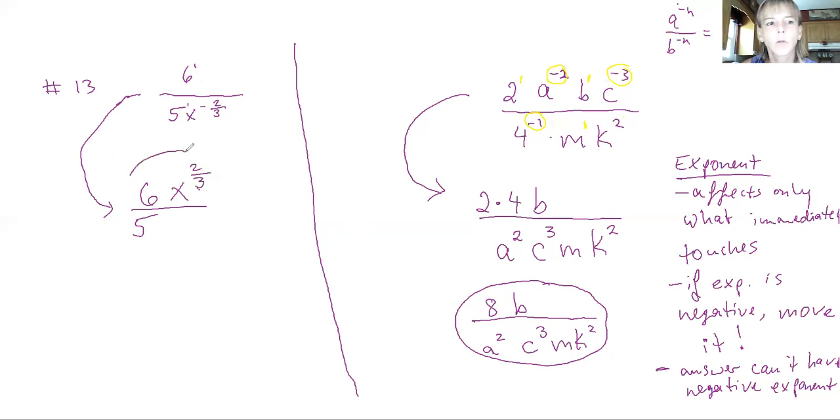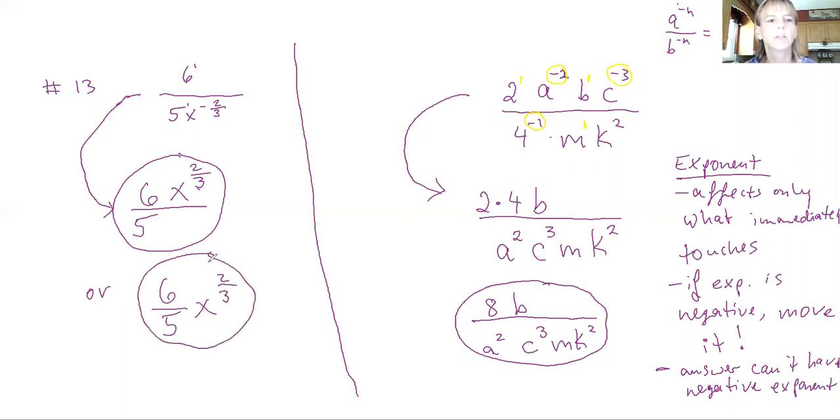That's all there is to it. This is the final answer. Or you can rewrite it. I prefer this, actually. This x is also technically in the numerator, so I would prefer it to look like this, but either one is fine.